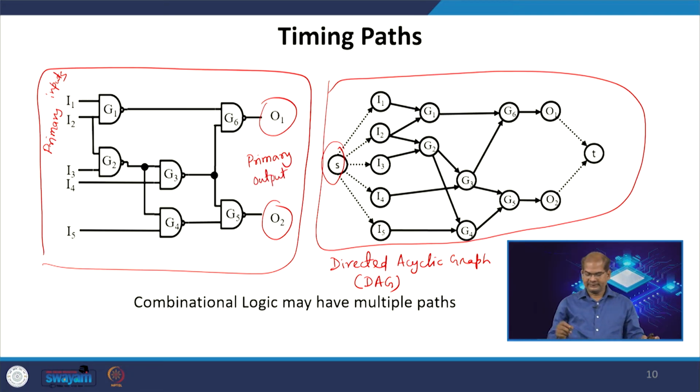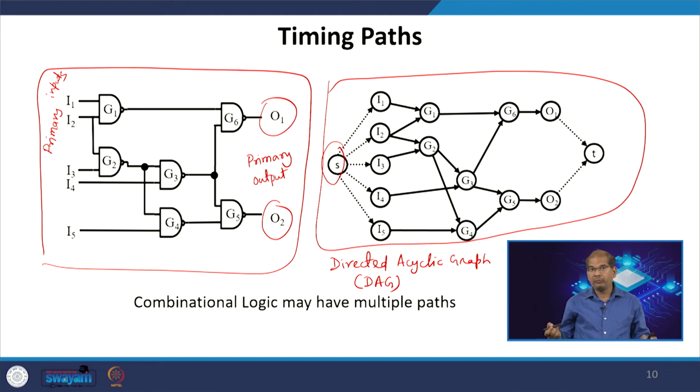Okay. And this is the directed acyclic graph corresponding to these circuits. All the primary inputs and primary outputs are denoted by the vertices or the nodes, and the connections between them are represented as edges.